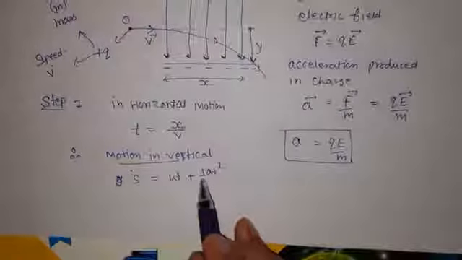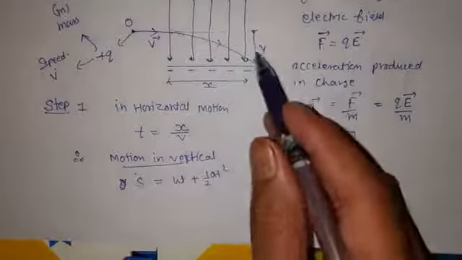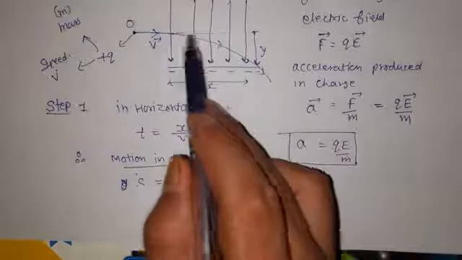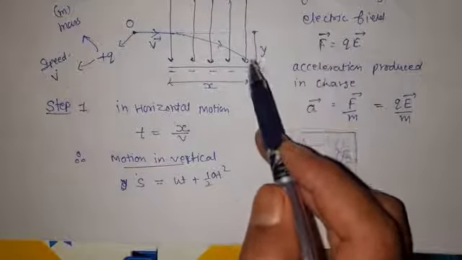But over here the acceleration is in the vertical axis. Here it is not going along a straight line path, it is going in the vertical axis.